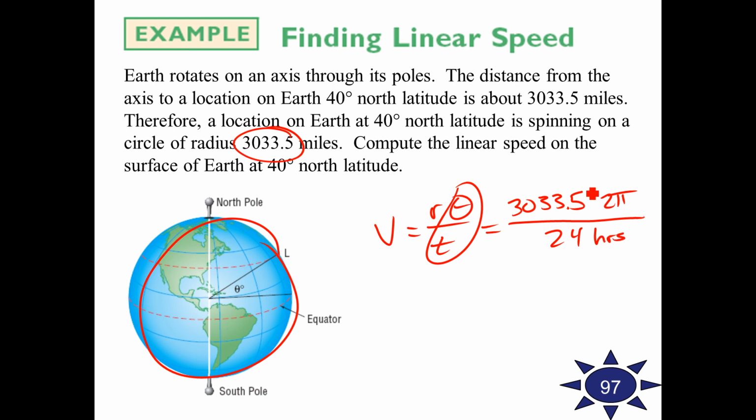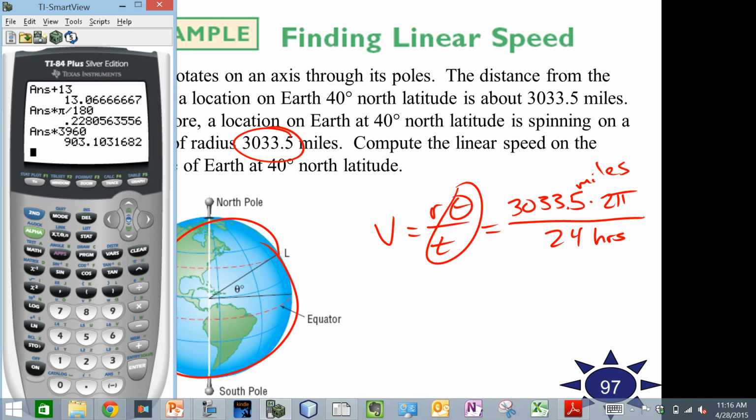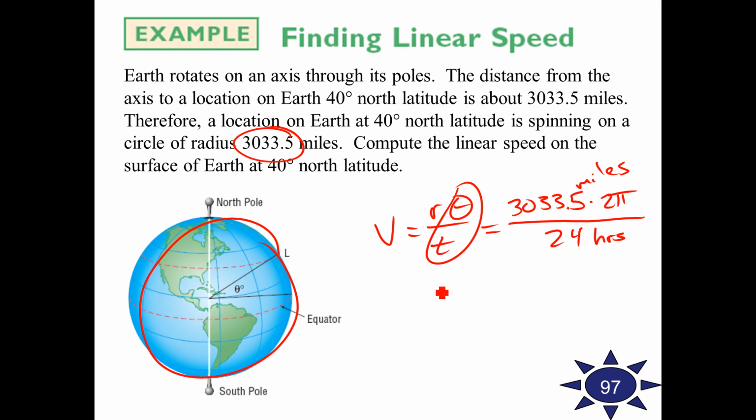And since this is in miles, we'd end up with miles per hour. So let's go ahead and plug that into our calculator. 33.5 times 2 pi divided by 24, and we get 794 miles per hour. All right, try problem 97 and you are all set.